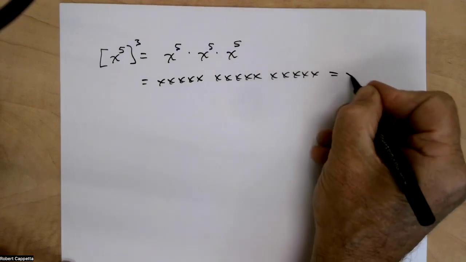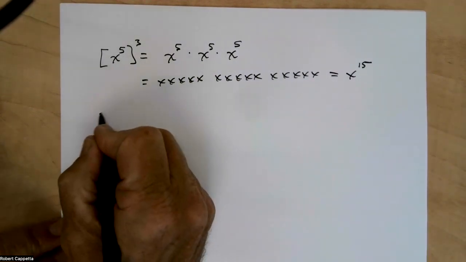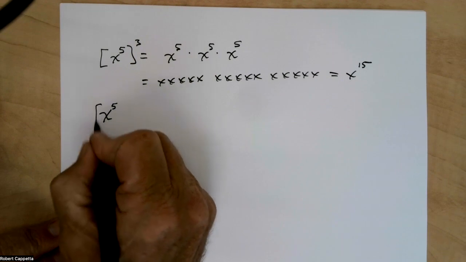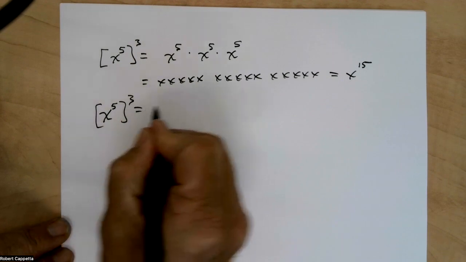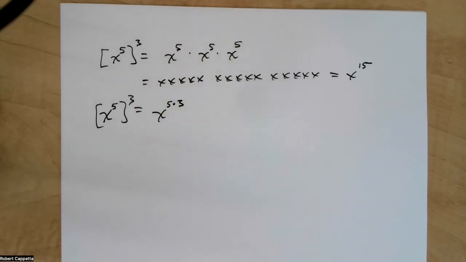How many x's are there? X to the 15th power. And again, to shortcut the rule a little bit, x to the 5 to the 3rd power is the same as x to the 5 times 3. But try to remember what it is representing.